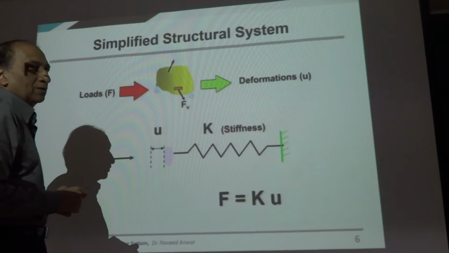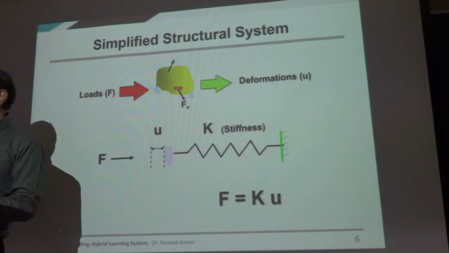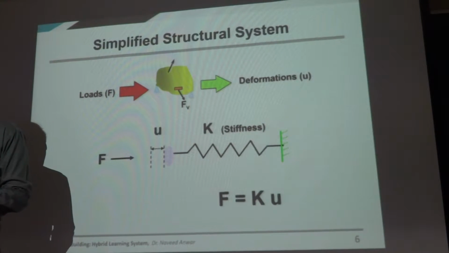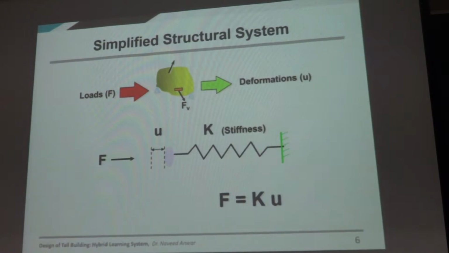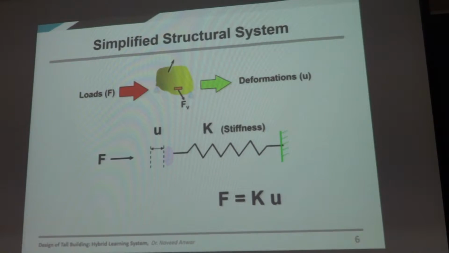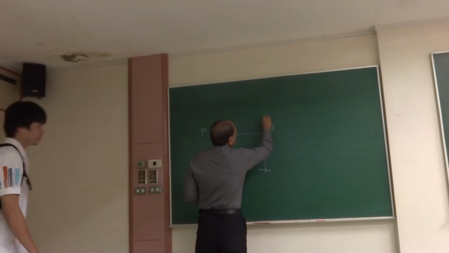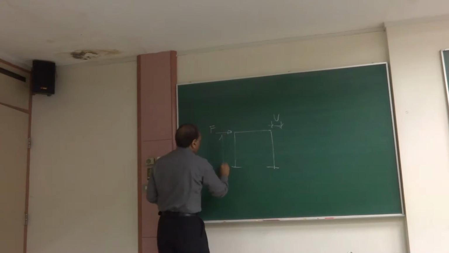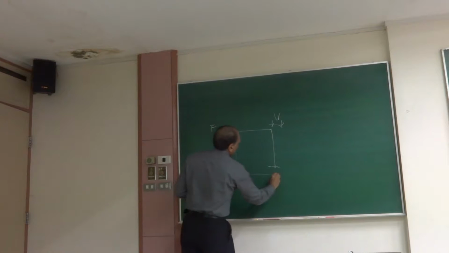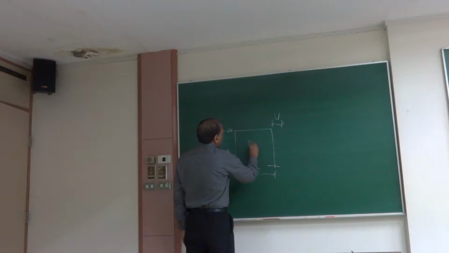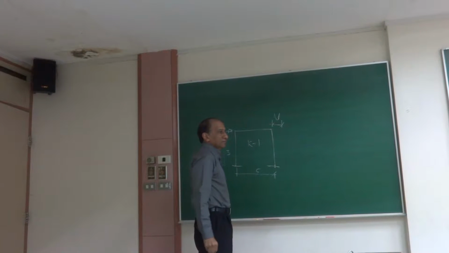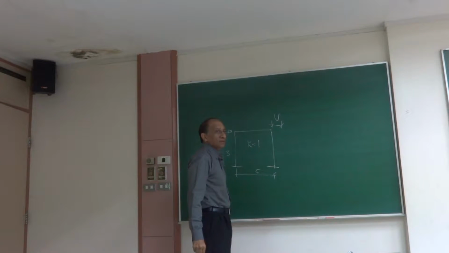But imagine now a frame like this. F is here, U is here, this is 3 meter, this is 5 meter. And let's say K is equal to 1 for this system.